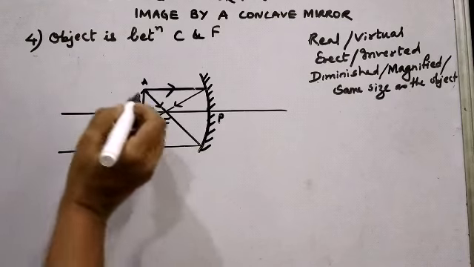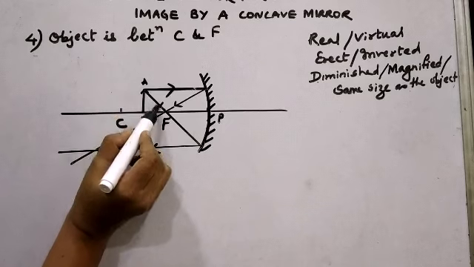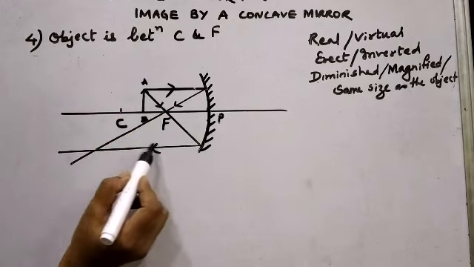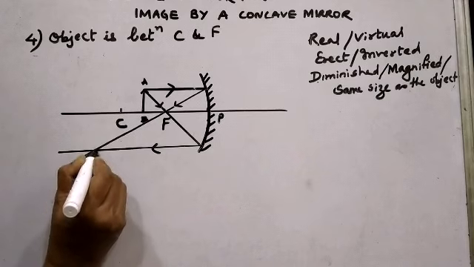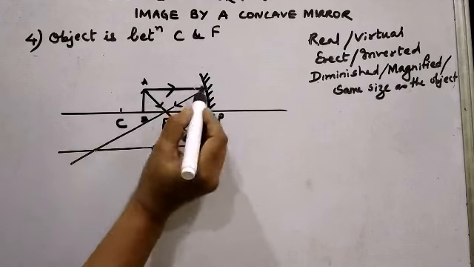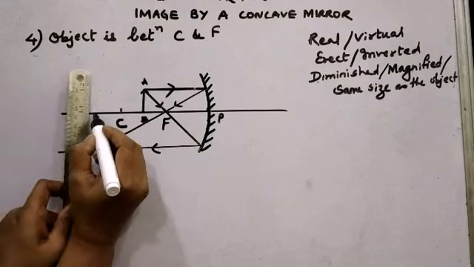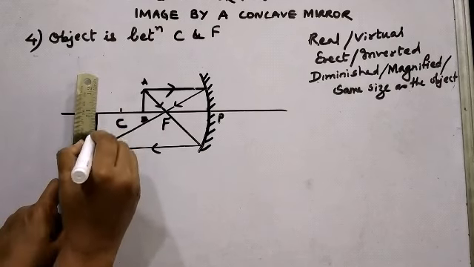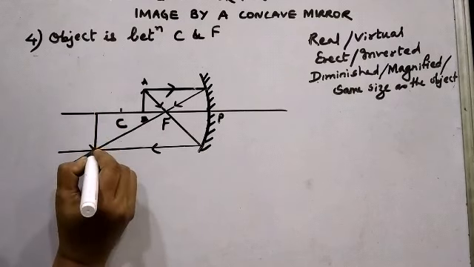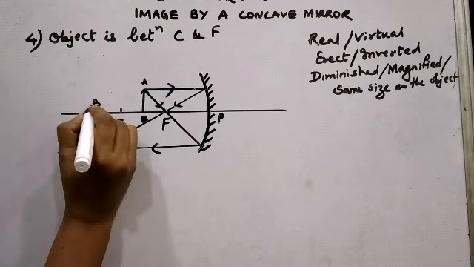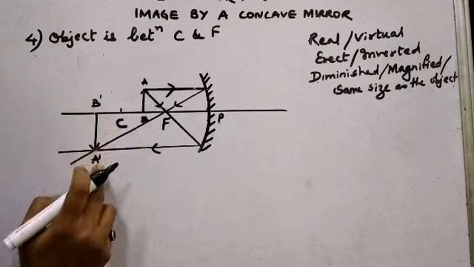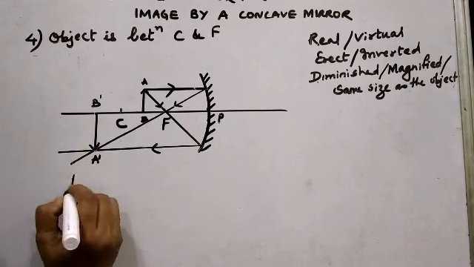This way. From point A, we have passed the incident ray through the focus, then the reflected ray is parallel to the principal axis. This is the place where the reflected rays have met. So this is the place where the image is formed. It is an inverted image. So this is A dash and this is B dash. Reflection of A is A dash, reflection of B is B dash.